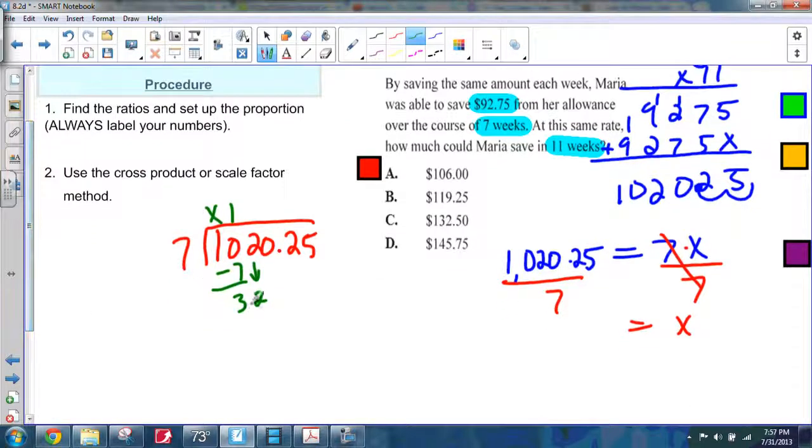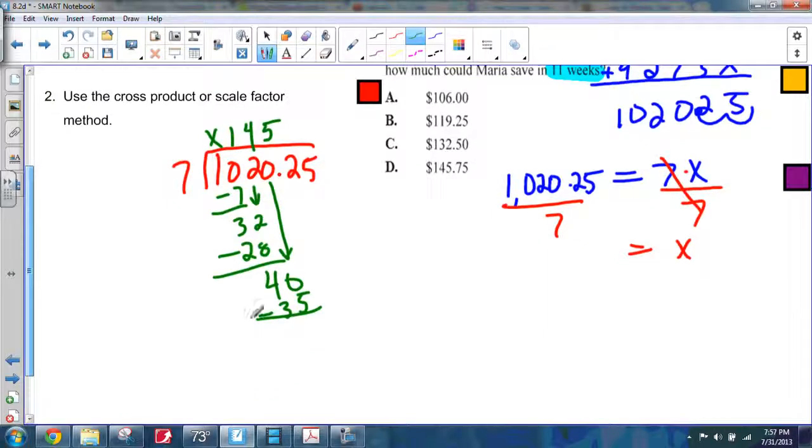7 goes into 32 4 times. Subtracting 28, leaving us with 4, and dropping down the 0. 7 goes into 40 5 times. It's 35. Starting to see the answer. Remainder of 5. Let's drop down our 2. 7 goes into 52.